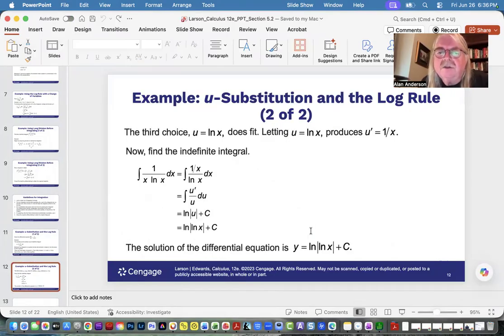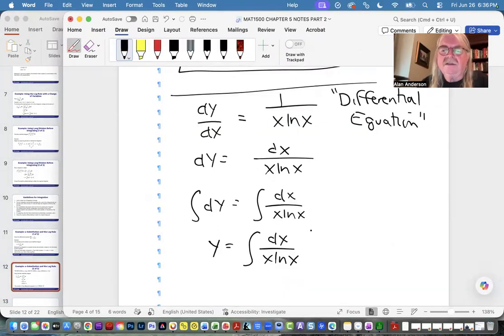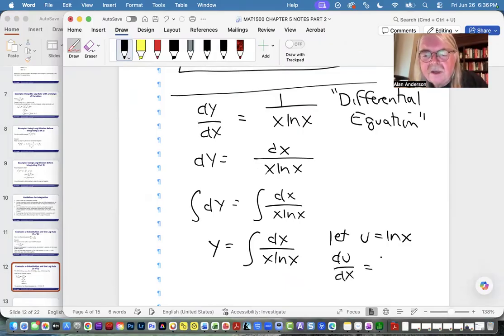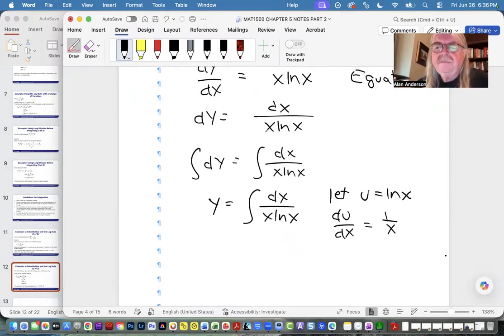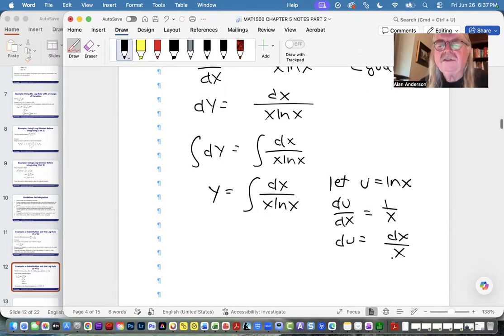They're telling us to try u equals log x. Then du/dx is 1 over x. And du is dx over x. All right. How does that help?